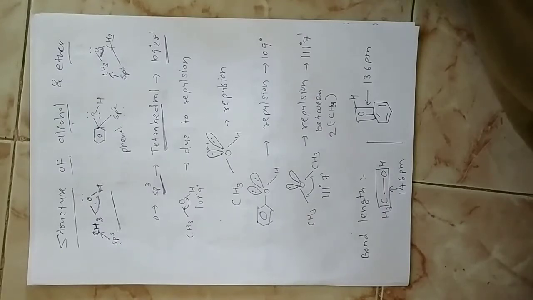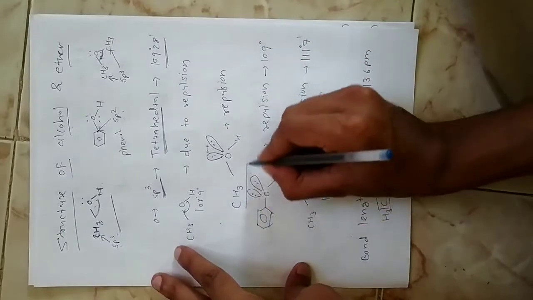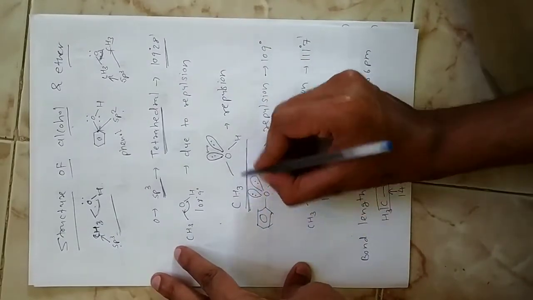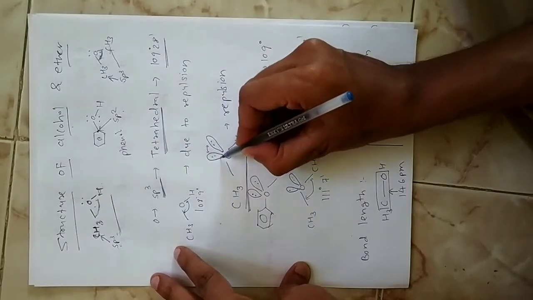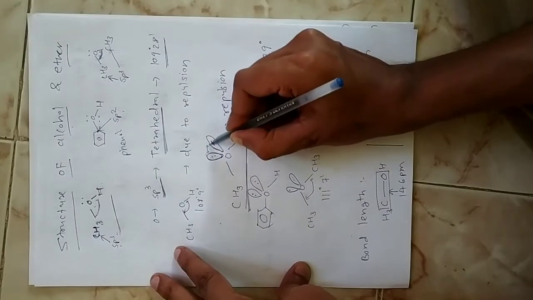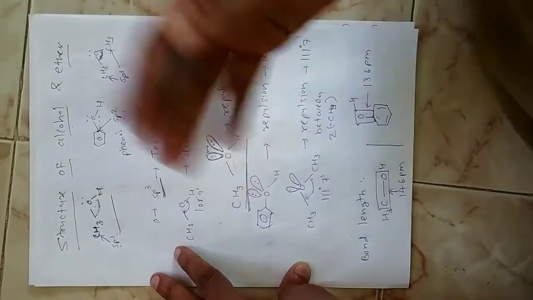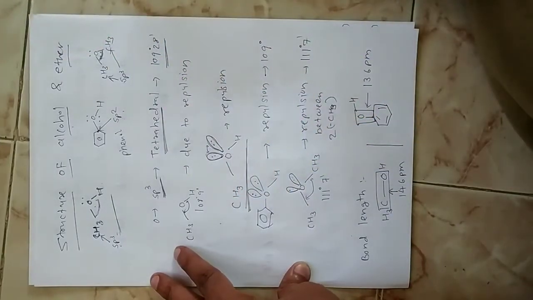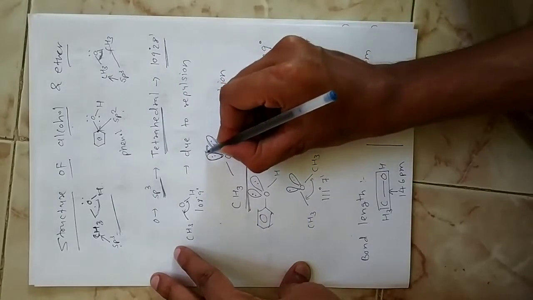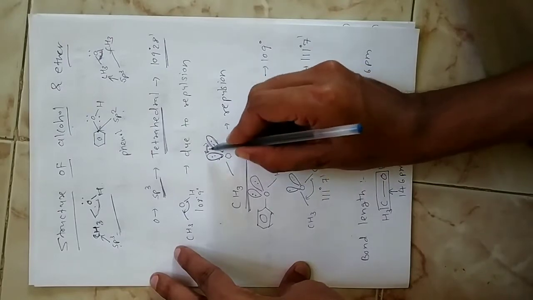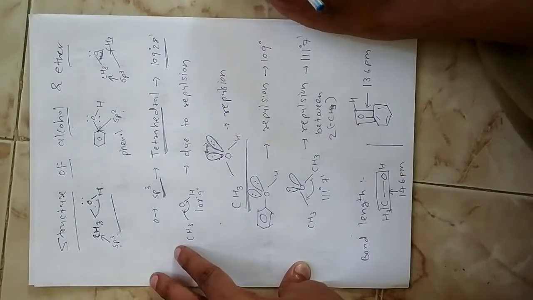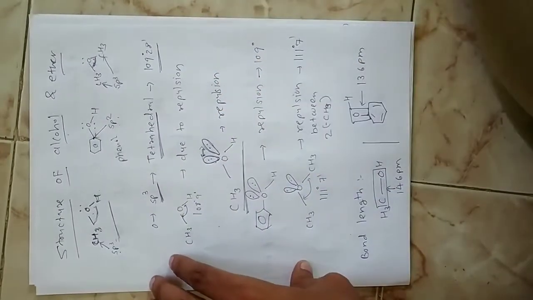But here what happens? You can see this structure. Oxygen is having two lone pairs of electrons on it. These lone pairs arrange themselves on the upper side of oxygen, so there will be repulsion between these non-bonding electrons.